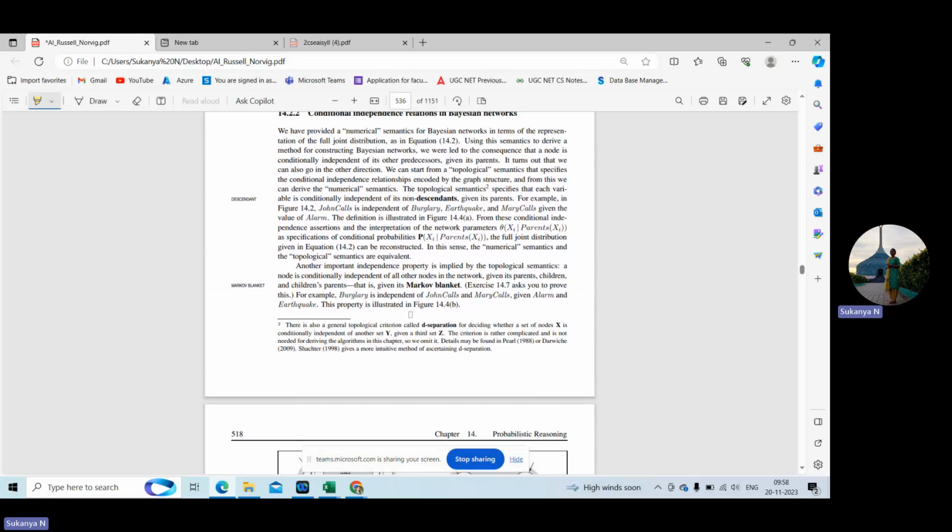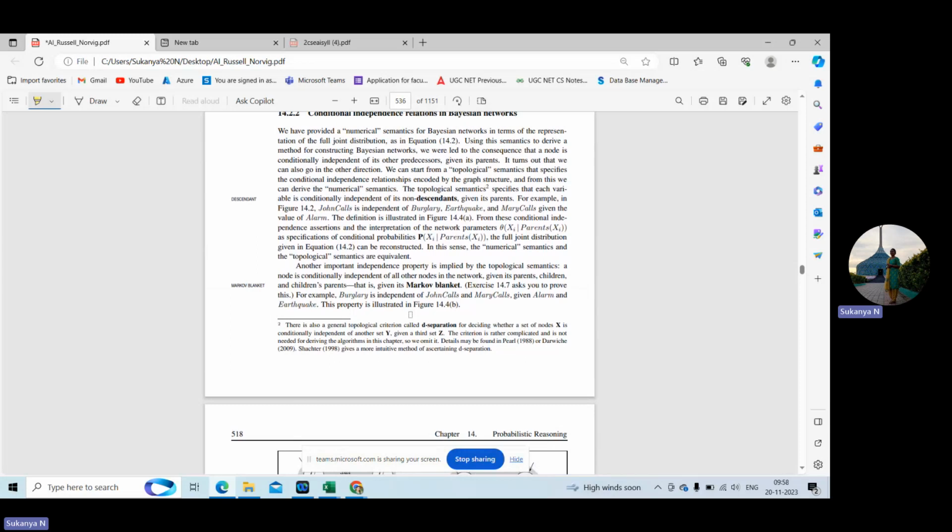The second one is that a node is conditionally independent of all other nodes in the network given its parents. For example, burglary is independent of John calls and Mary calls, given the parent alarm. So these are the two examples.